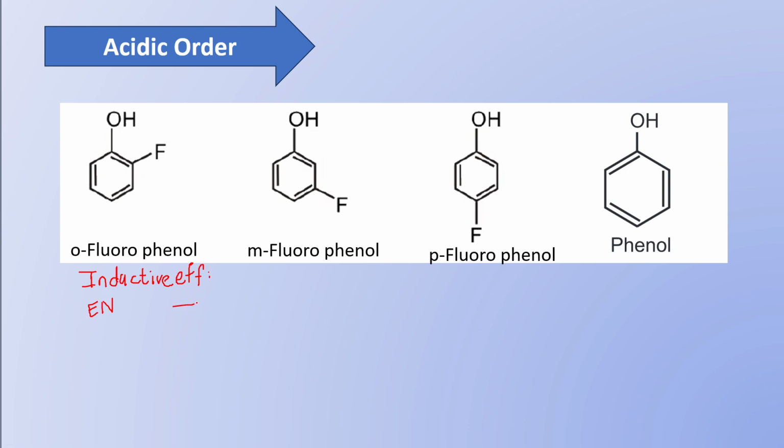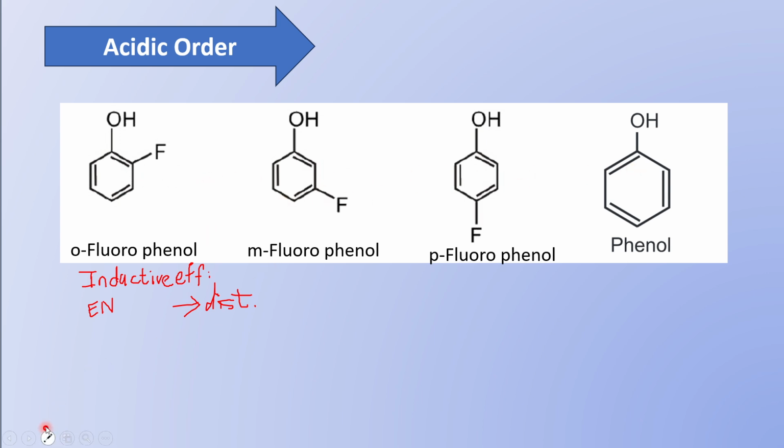The second point is that the inductive effect is distance dependent, meaning that the effect depends upon the distance between the atoms and the electron withdrawing group over here. Now we are going to see the application of that in this example, how distance is affecting the acidity of these molecules.